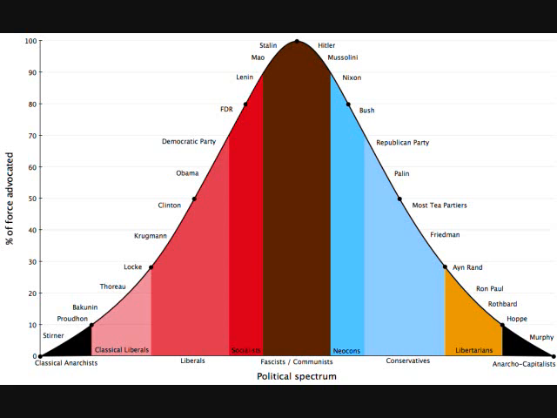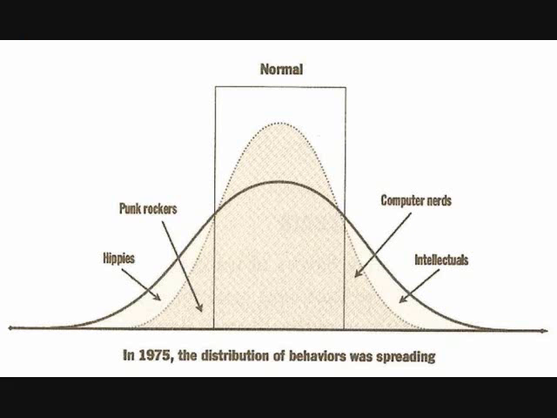The bell curve has also been used in politics. You see Obama on the lower side, classical anarchist, and on the higher end you see Nixon, Mussolini, Hitler, Republican Party, Ron Paul, Murphy. In 1975 they used the bell curve to classify people into classes.